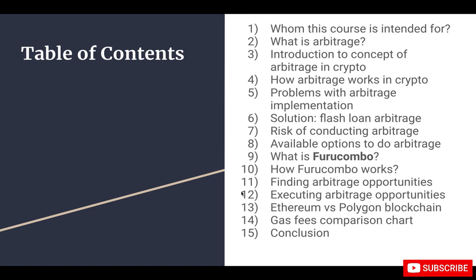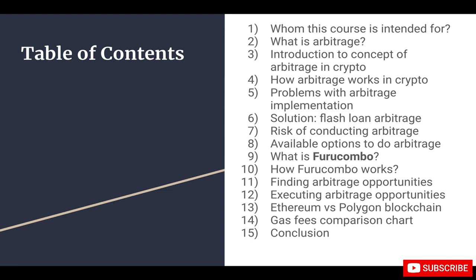Then chapter 11, finding arbitrage opportunities, right? That's one of the most challenging parts of the course in my personal opinion. Learning how to perform arbitrage trading on Furucombo is pretty easy. I can guarantee you it might only take 10 to 15 minutes to understand the concepts of placing trades.